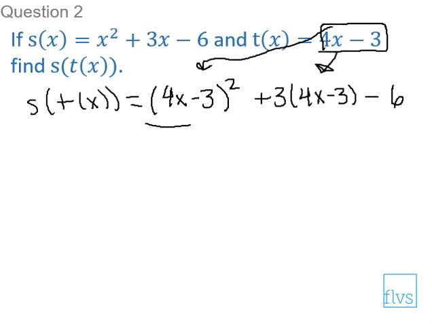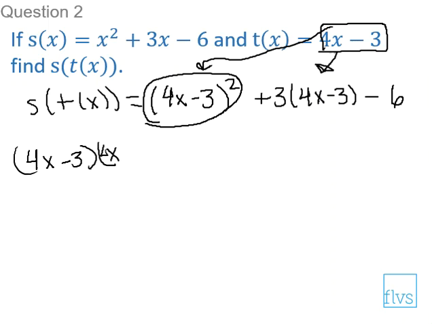Now, this one here is not so easy. When we say 4x minus 3 squared, or anything squared, it's being multiplied by itself. We're going to distribute.